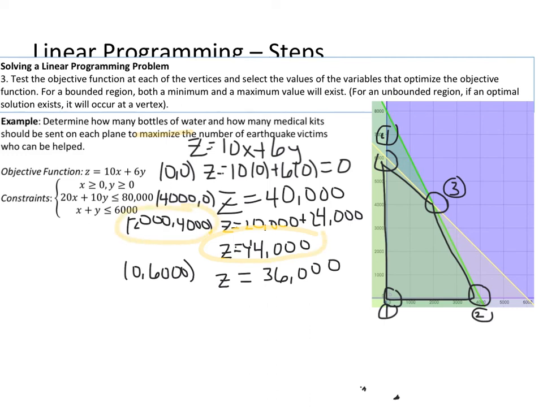Okay, so our final answer: the max earthquake survivors that can be helped is 44,000.